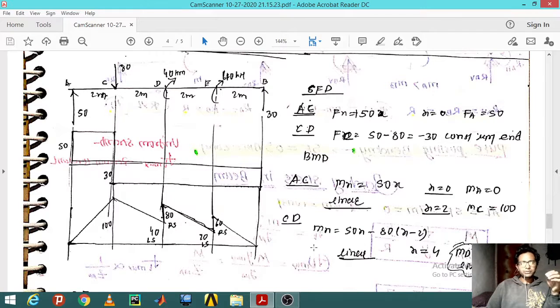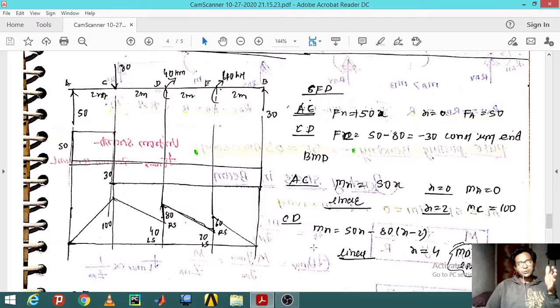Now as we move from left to right, through the section A to C, it remains constant because there is no force in between. The force only changes after point C.